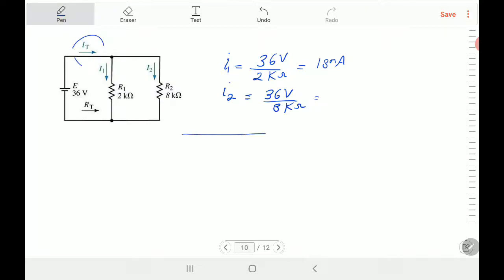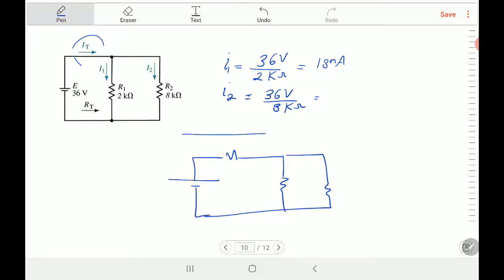I will give you one problem to think about, and then we'll solve it in the lecture when we meet. Let's say you have 36 volts, and you have 2 kilo ohm, 8 kilo ohm, and you want to find the currents I1 and I2. If you don't have a resistance in series and you have the voltage, it's easy.